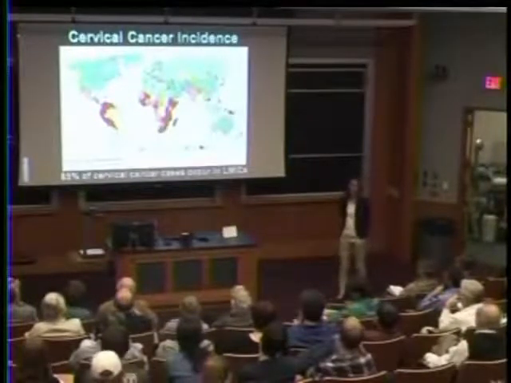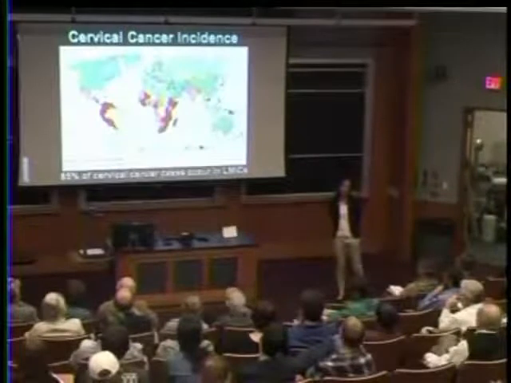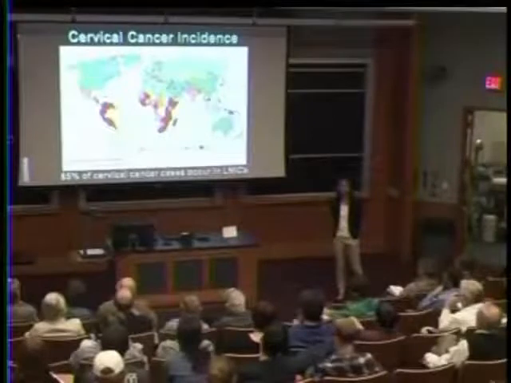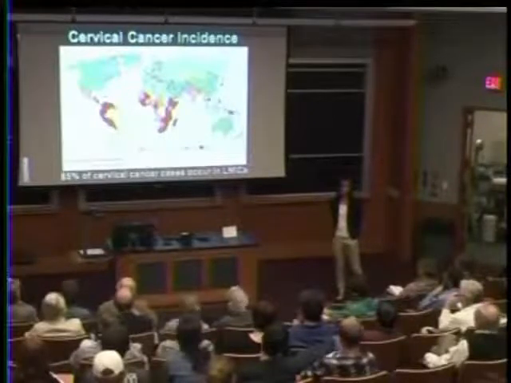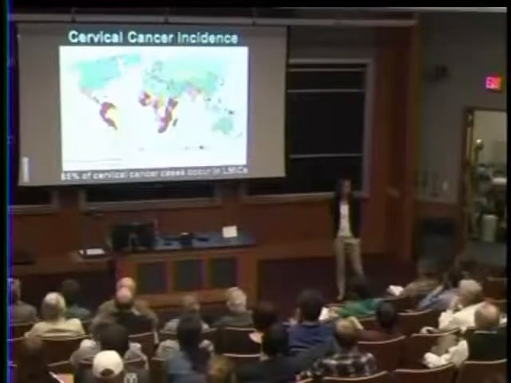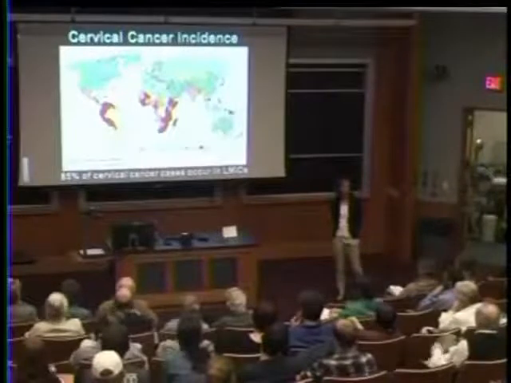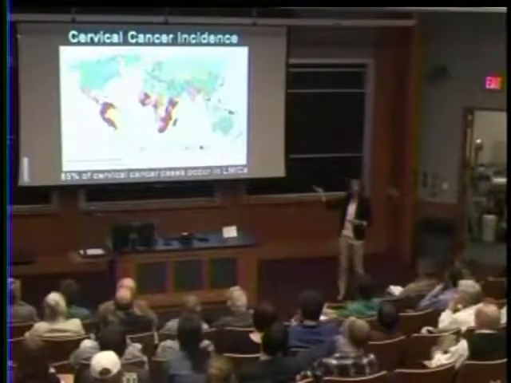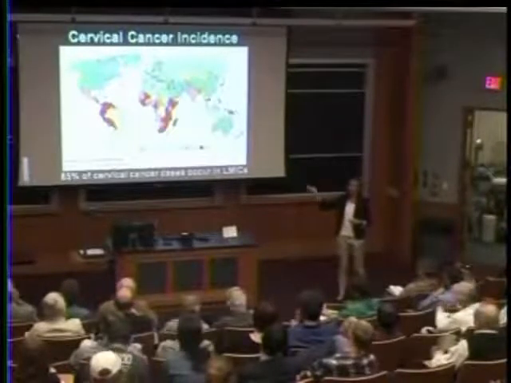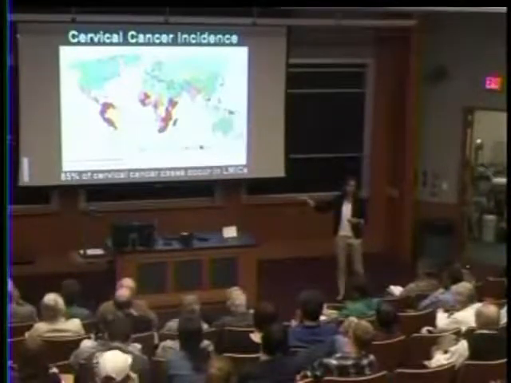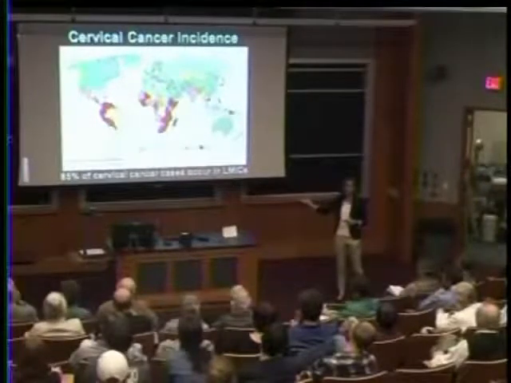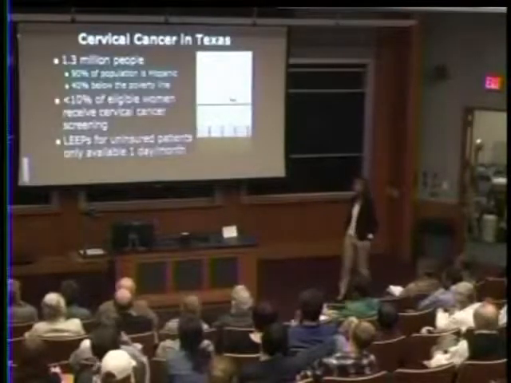In fact, 85% of cancers of the cervix occur in women who live in low and middle income countries. All of these are theoretically preventable, either primary prevention with HPV vaccination or secondary prevention with screening. Yet they still occur, and women die at a young age. The peak incidence for cervical cancer is in the late 40s, early 50s. They die a painful death at a young age needlessly.